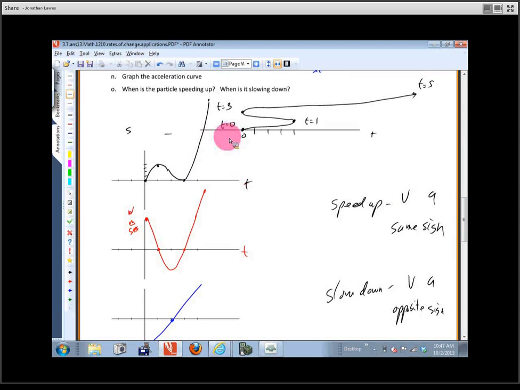Okay, it was going fast and it started to slow down. It's got to slow down in order to make that smooth transition from going to the right, like we talked about, to going to the left. Once it makes that turn, it's going to be speeding up for just a little bit. Then it's got to slow down to make that turn again.